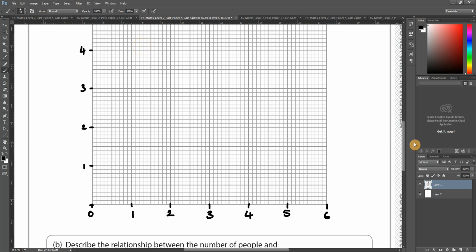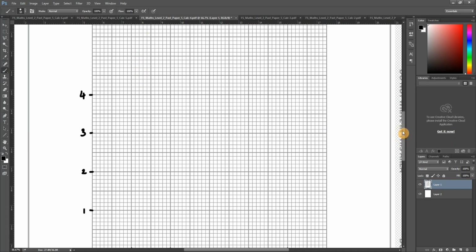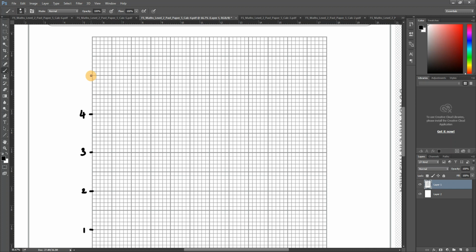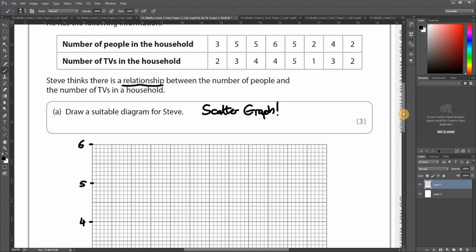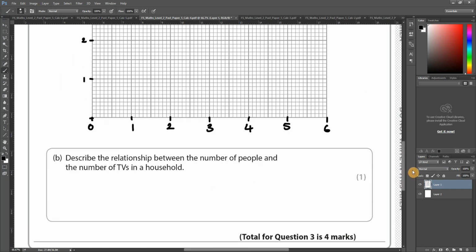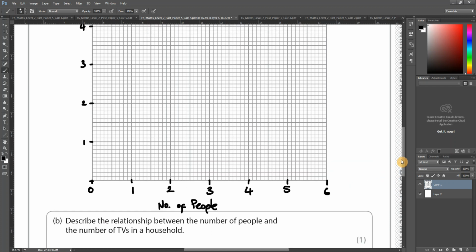Let me just move up. 5 and 6. And again, don't forget to label your axes as well. So what did we say? Number of people for the bottom, and number of TVs for the other one.